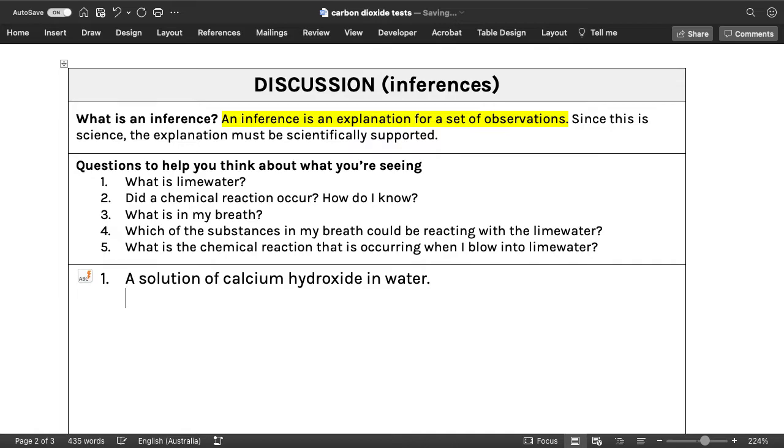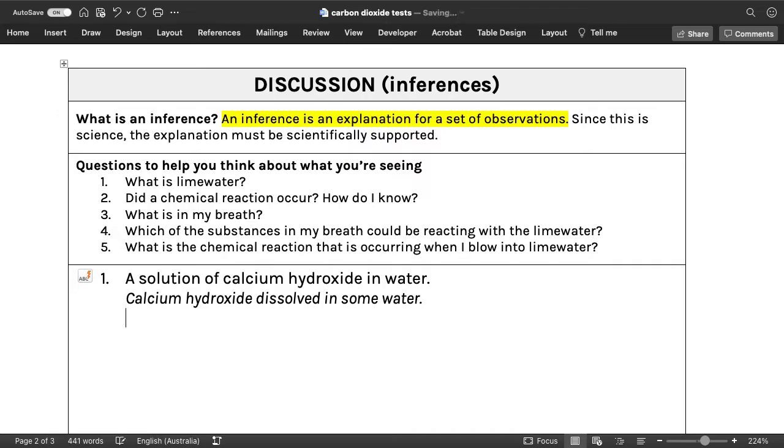For those of you who are unsure about that, what that means is it is calcium hydroxide dissolved in some water. That's what a solution of calcium hydroxide in water is talking about. Okay?